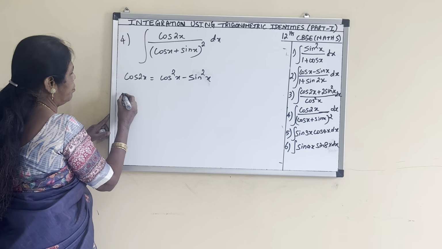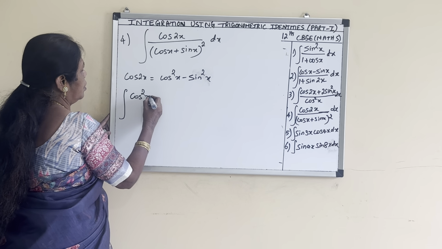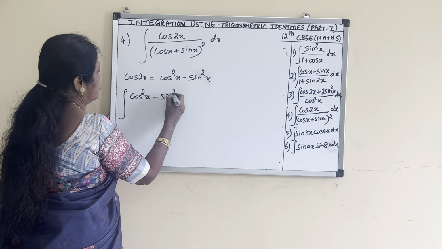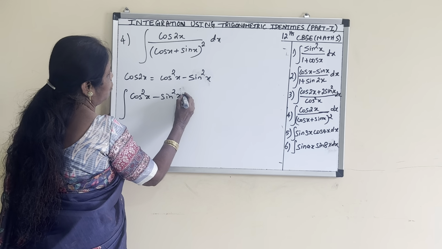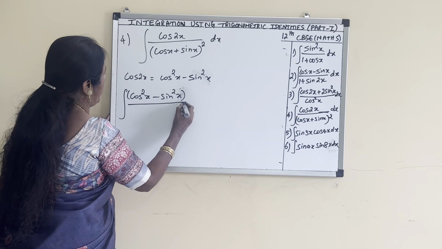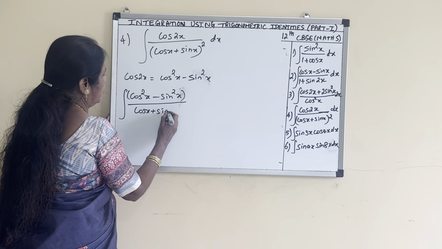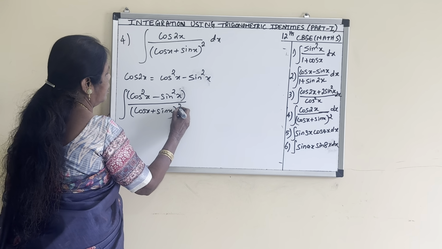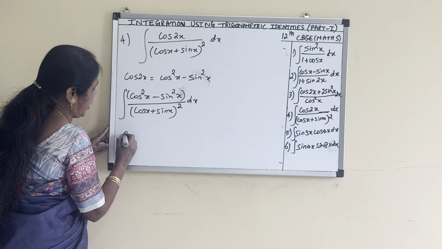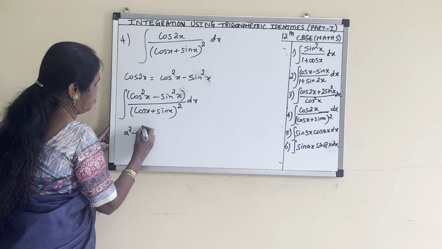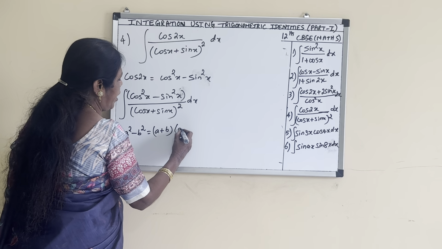Right. Now if I substitute in that, cos squared x minus sin squared x divided by (cos x plus sin x) the whole square into dx. We know the algebraic identity, a squared minus b squared equal to a plus b into a minus b.